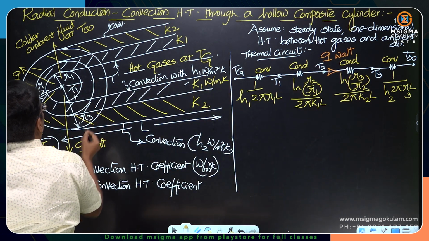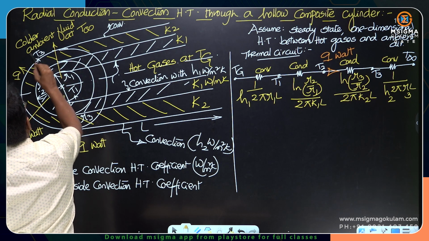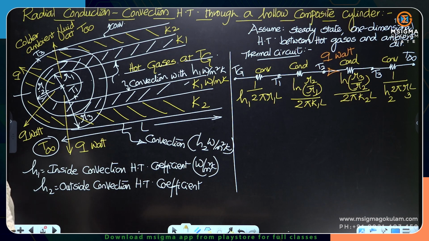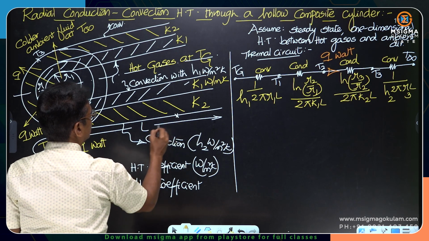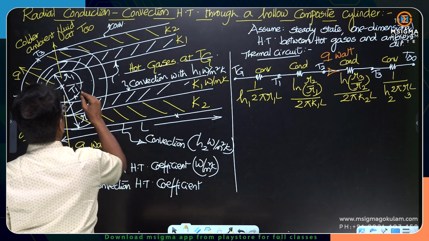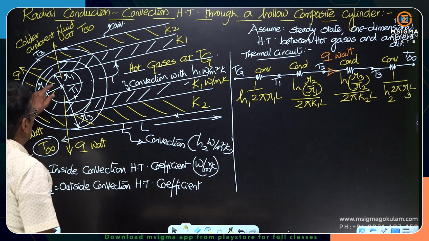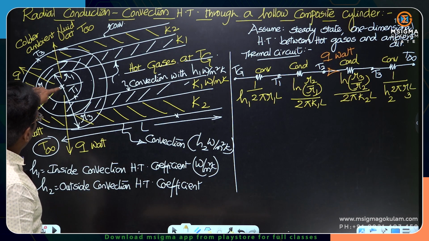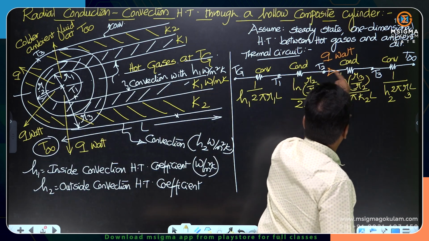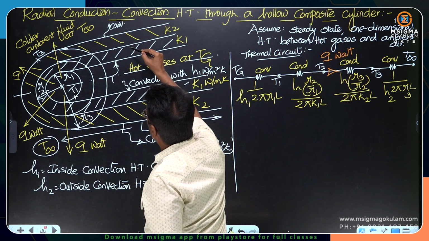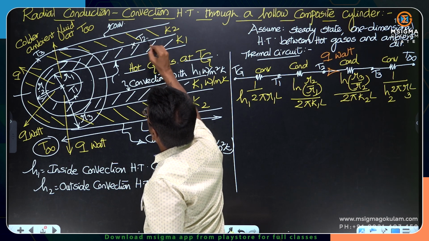At r equal to R3, the temperature is T3, the outermost surface temperature. The innermost surface temperature is T1. So T1, T2 and T3. What is T2? At r equal to R2, this junction temperature can be thought of as T2.